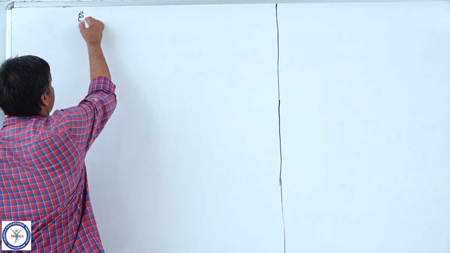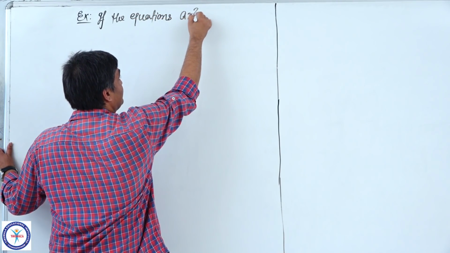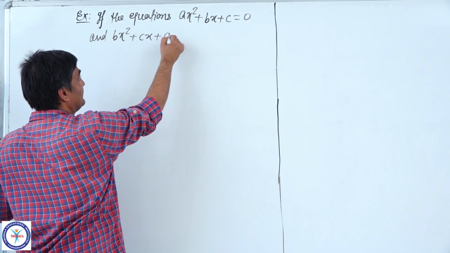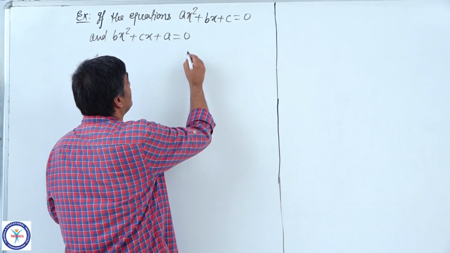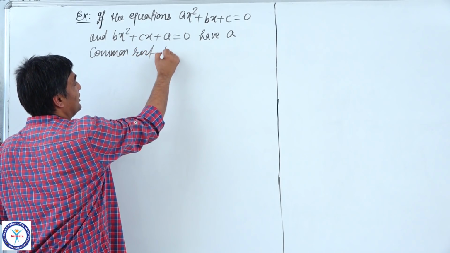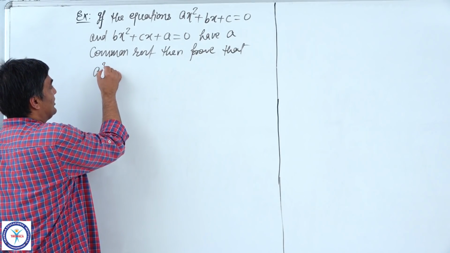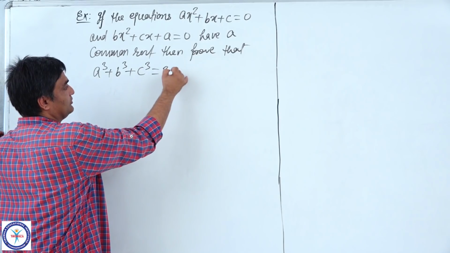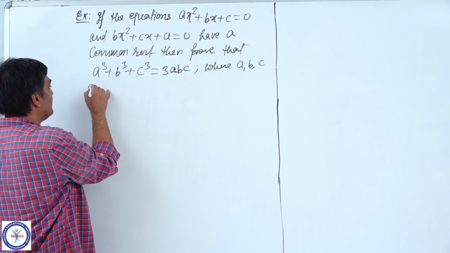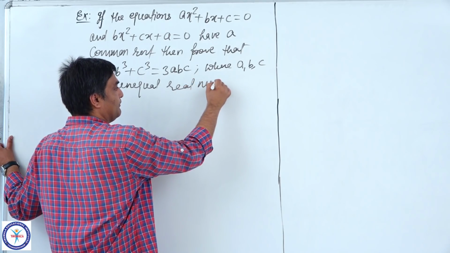Now take another example. If the equations ax square plus bx plus c equal to 0 and bx square plus cx plus a equal to 0 have a common root, then prove that a cube plus b cube plus c cube equal to 3abc, where a, b, c are unequal real numbers.